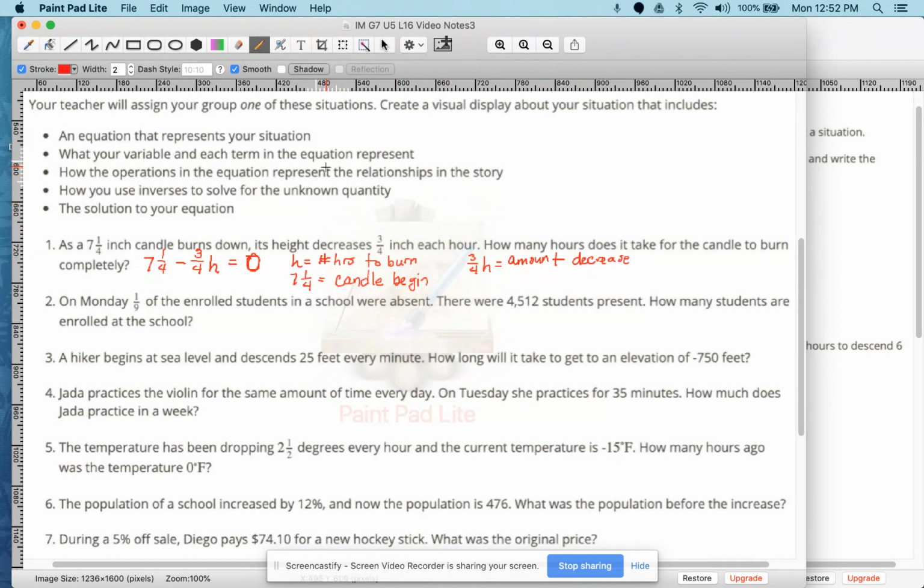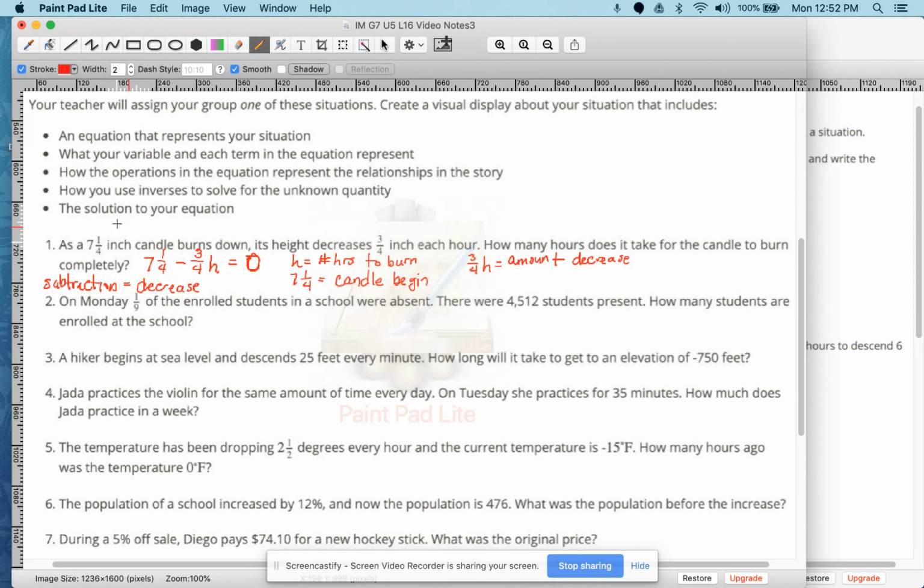The third part is how the operations in each equation represent the relationship in the story. Well, the operations we're using are subtraction. So subtraction represents, I'm going to say, the decrease. So that's one operation we're using.